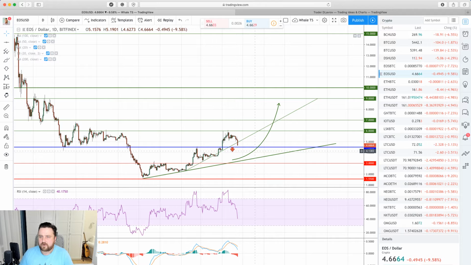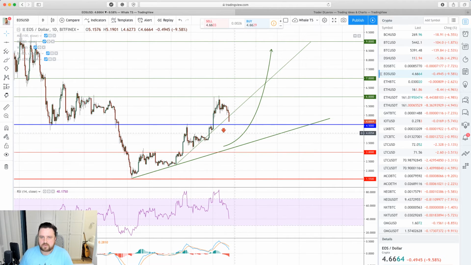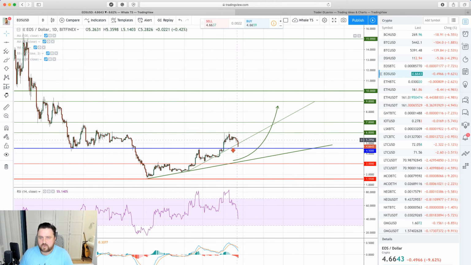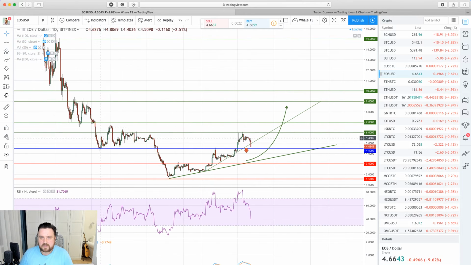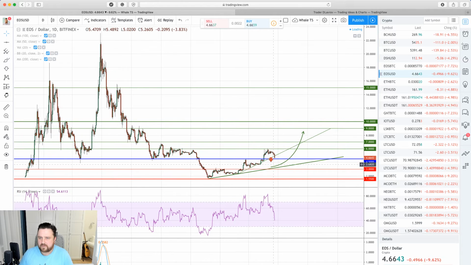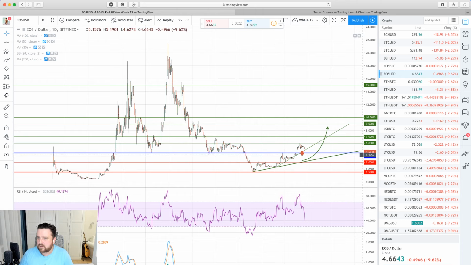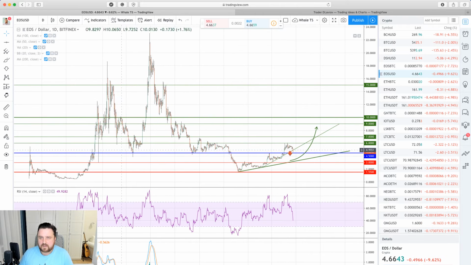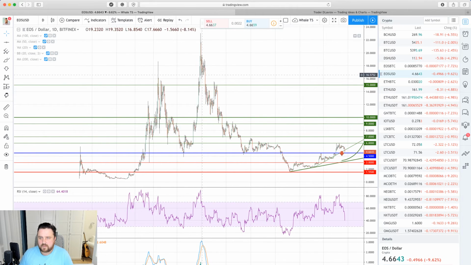it's not far from, let's say, a good and solid support level. Why is this level important? It acts like, I mean the level 4 and 50. Let's look in the past.